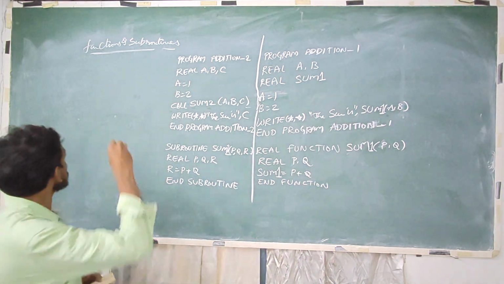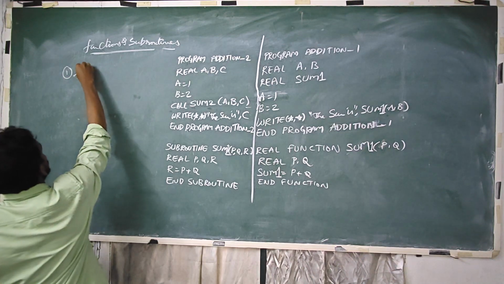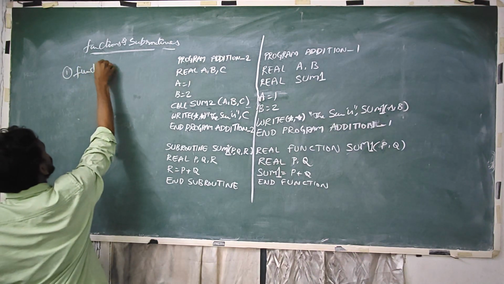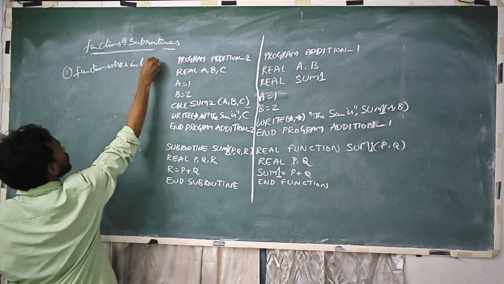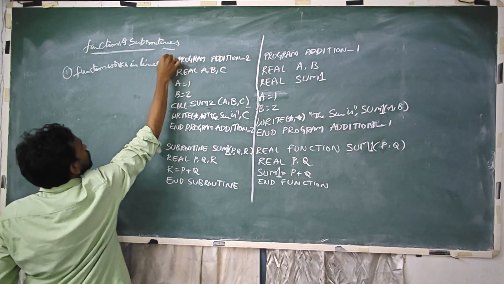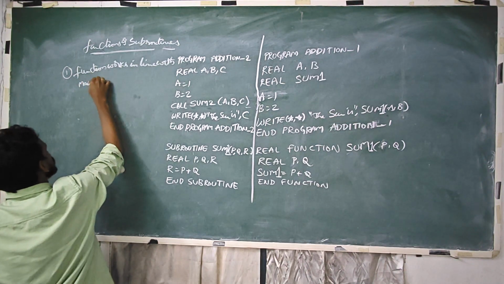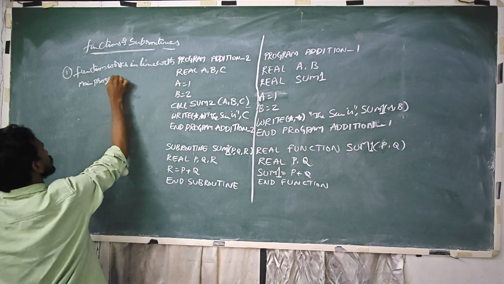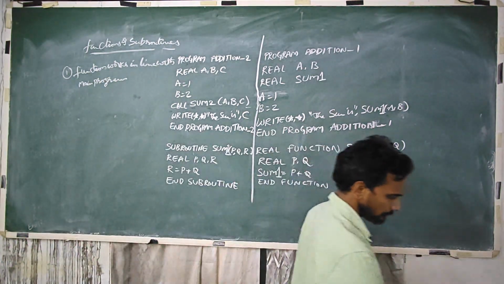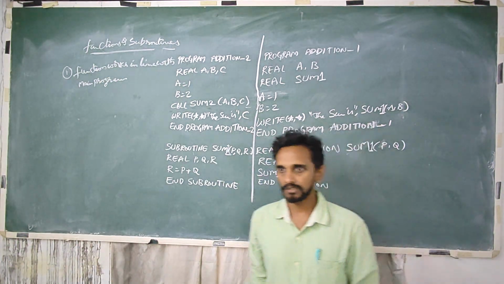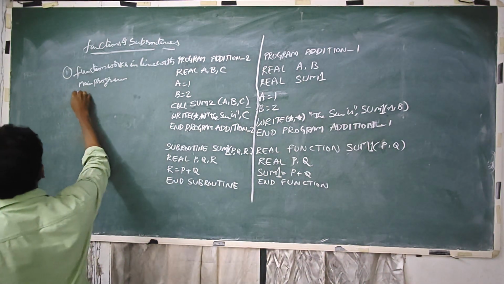The first observation is function works in line with the main program, whereas subroutine stops the main program and goes to the subprogram.